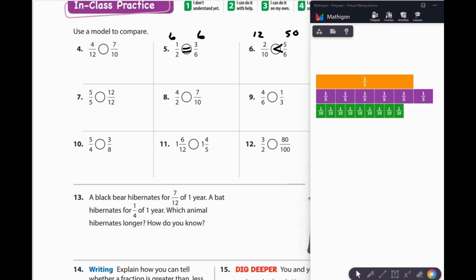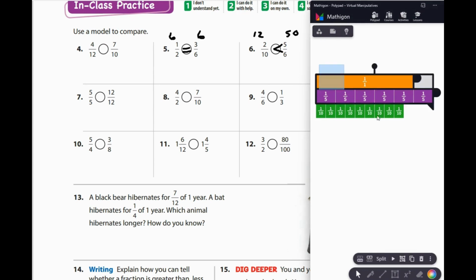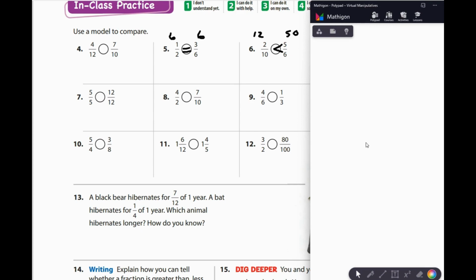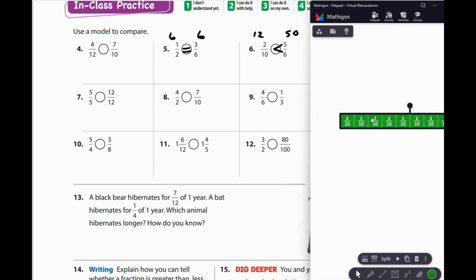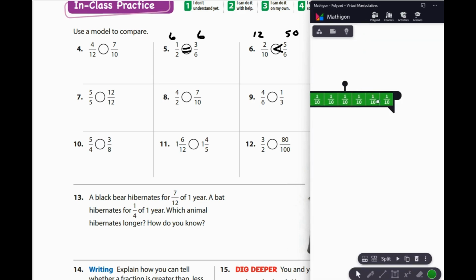If we wanted to compare those two, let's go ahead and get all of these. All right, let's compare. We're comparing 2/10. So let me grab my tenths because I'm going to need those. I need 2/10.